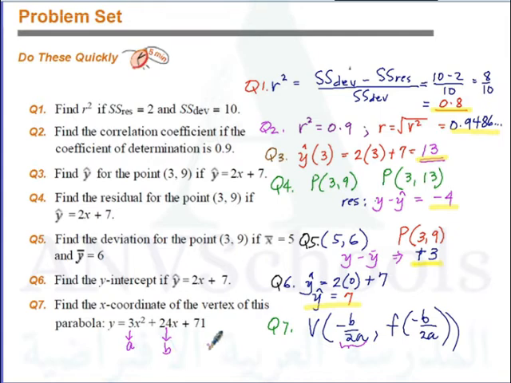The x coordinate is negative b over 2a, so negative 24 over 2 times 3. That's negative 24 over 6. So the x coordinate is negative 4, right? That's the answer.